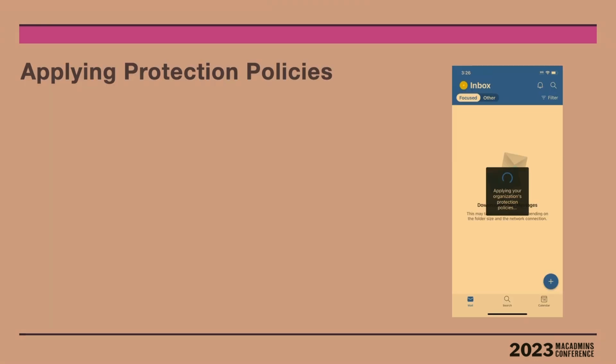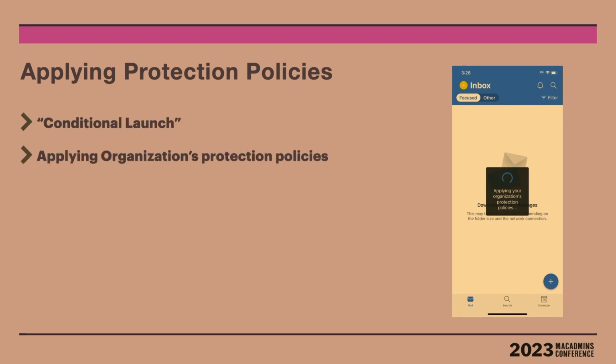Nothing. Okay. So this is the screen that they see when the policy is first set out. You'll launch your app and it'll say, applying your organizational protection policies. And then the app will close. And this is conditional launch.